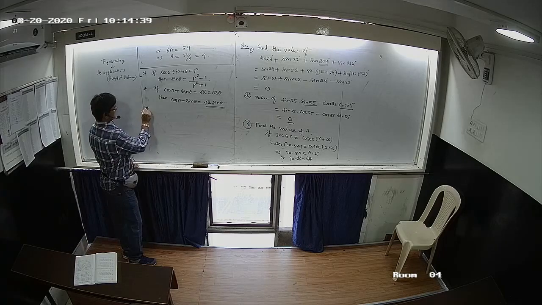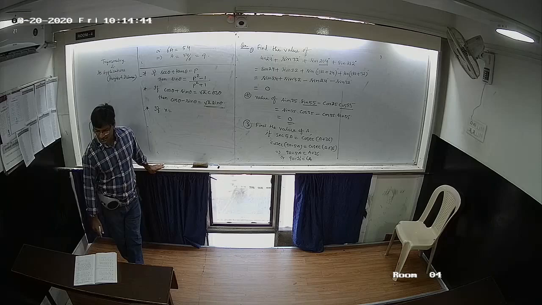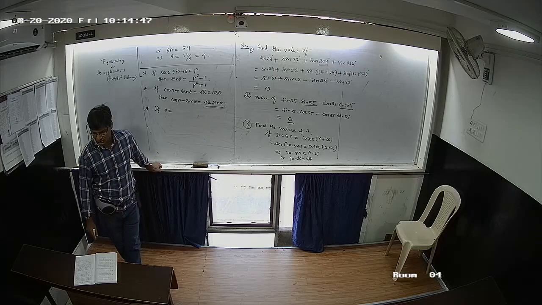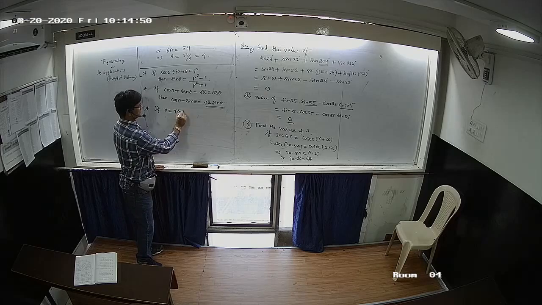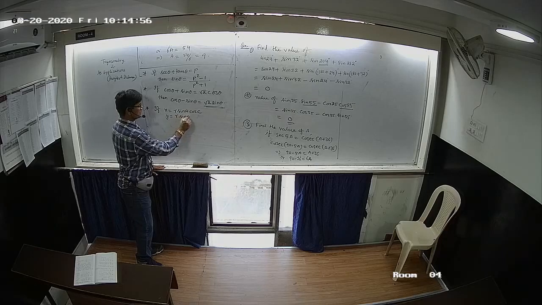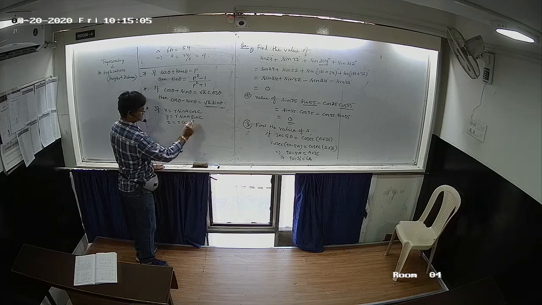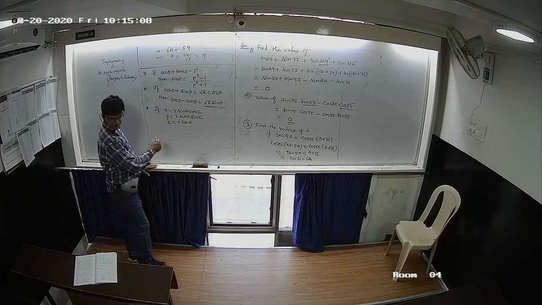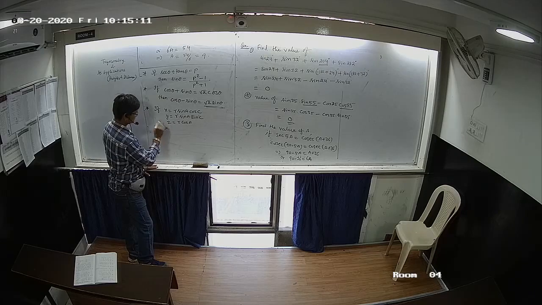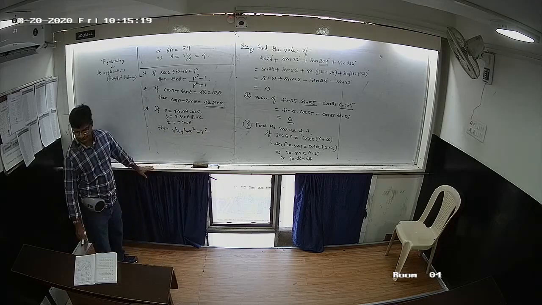Further, the next result: if x is equal to r sin A cos C, y is equal to r sin A sin C, and z is equal to r cos A, then x square plus y square plus z square will be equal to r square.